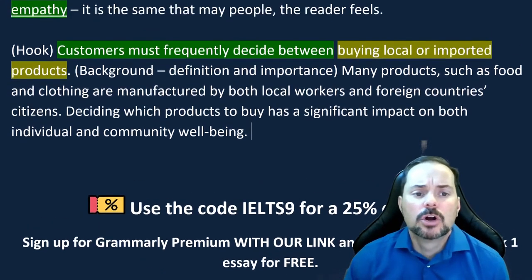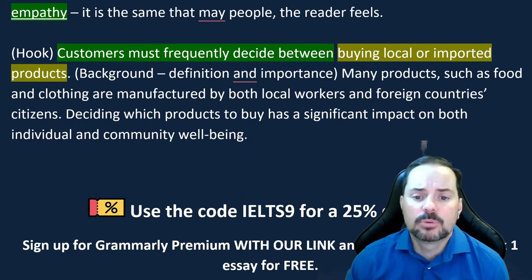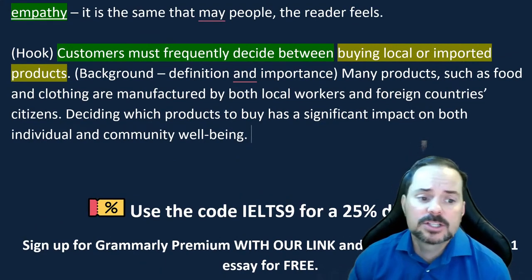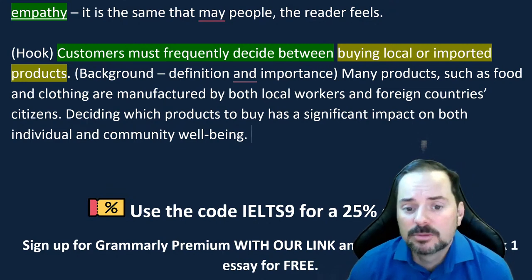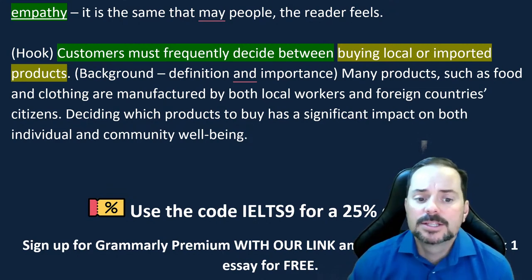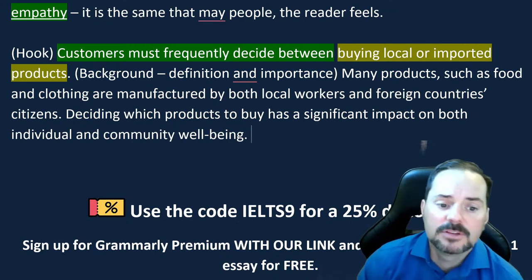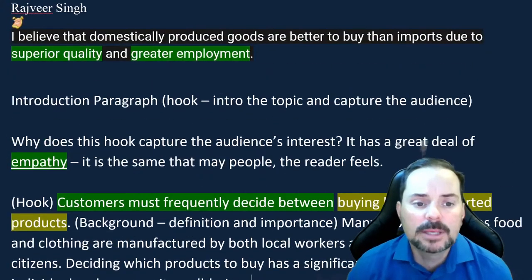Okay, so customers must frequently decide between buying local or imported products. Many products, such as food and clothing, are manufactured by both local workers and foreign countries' citizens. Deciding which products to buy has a significant impact on both individual and community well-being.